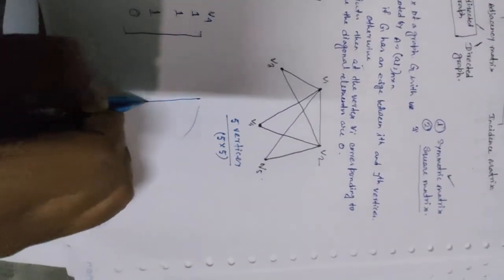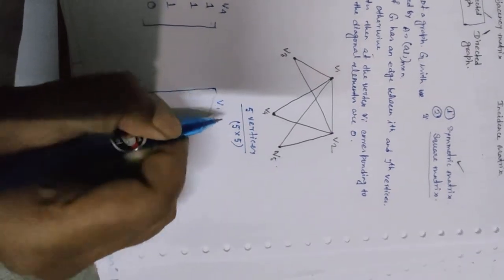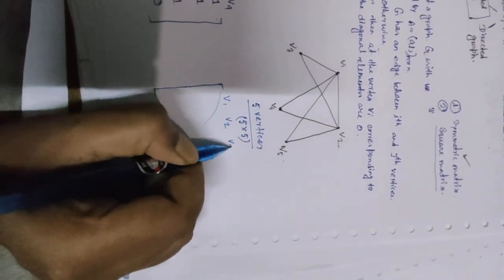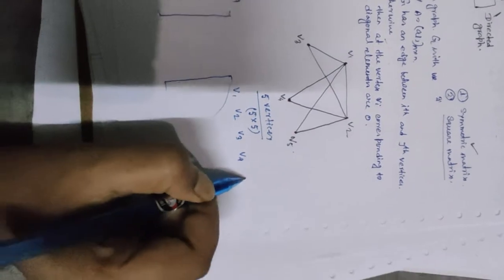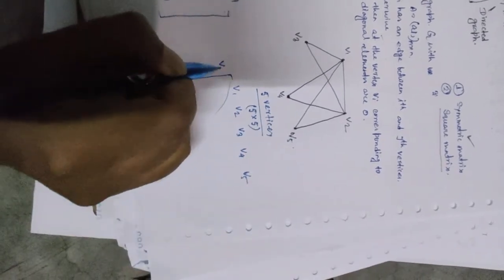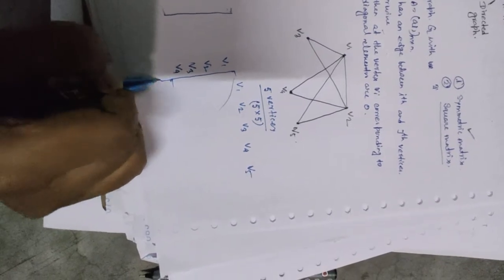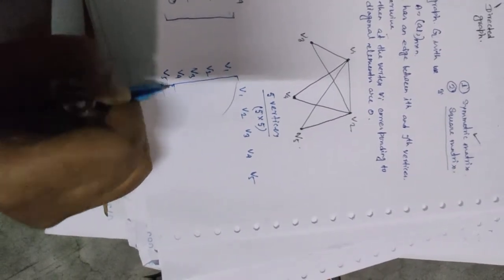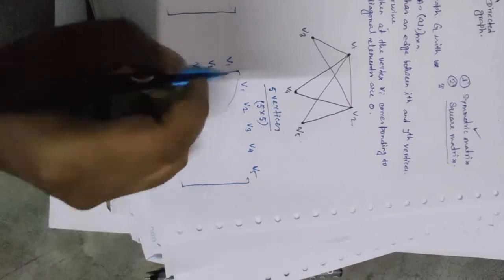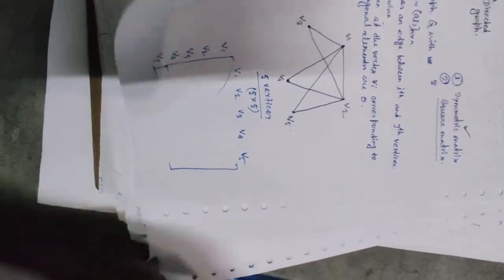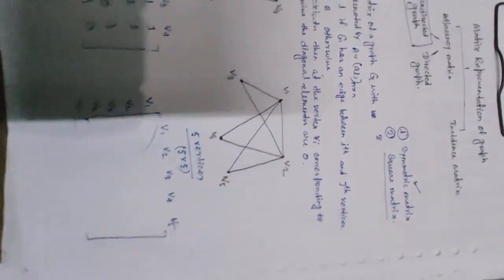So here I will write v1 v2 v3 v4 v5, and also here. So v1 to v1 is 0.